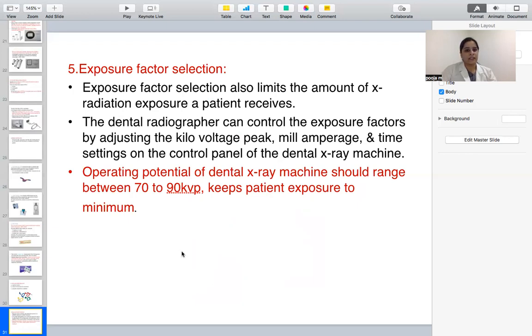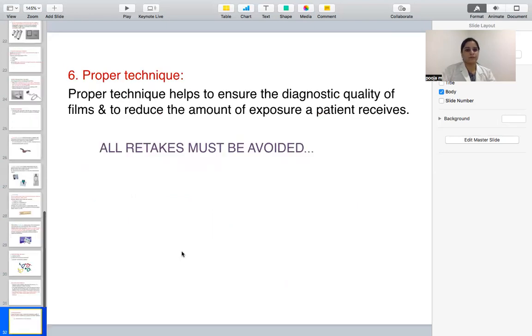At this operating potential, the patient exposure is as minimum as needed. So it is always advised to use a dental X-ray machine ranging between 70 to 90 kVp.